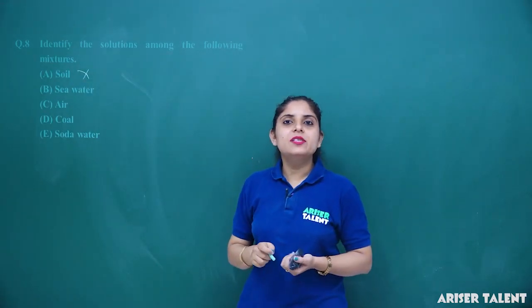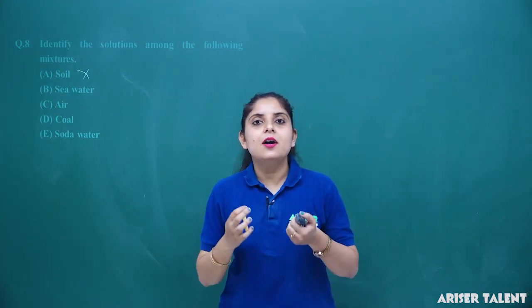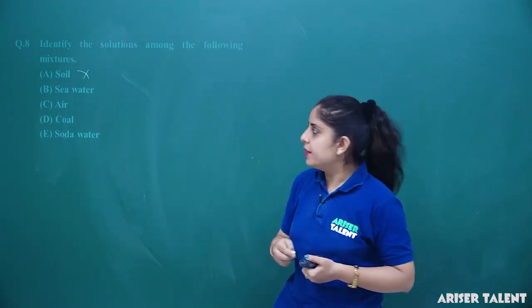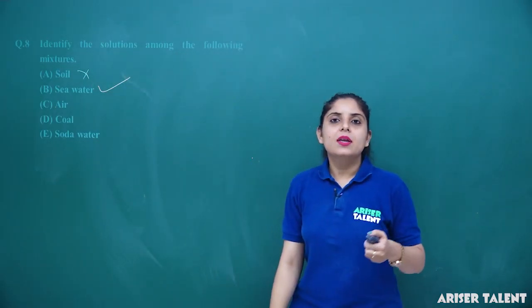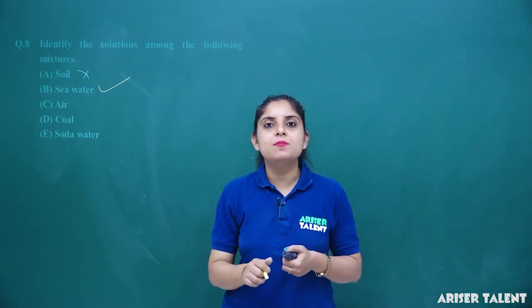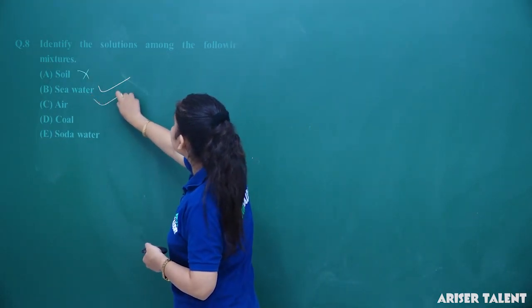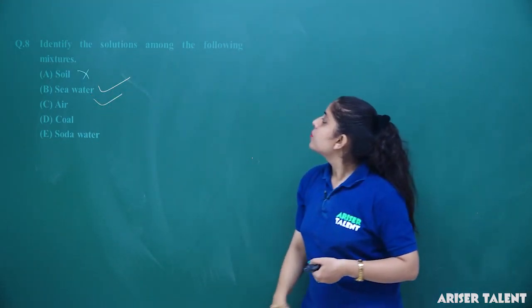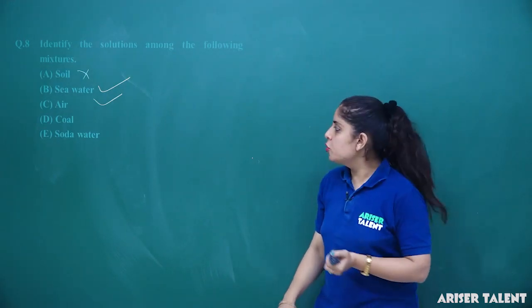If we are talking about seawater, yes, seawater is a solution because it contains a variety of salts dissolved in it. Okay, so seawater is a solution, it is true. Air is again a solution because apart from all the gases, dust particles and water vapor are also present. So we can say that air is a solution. Next one is coal. Coal is not any type of solution here.